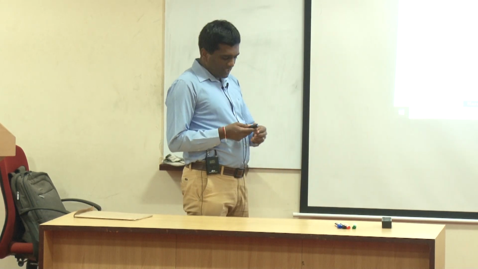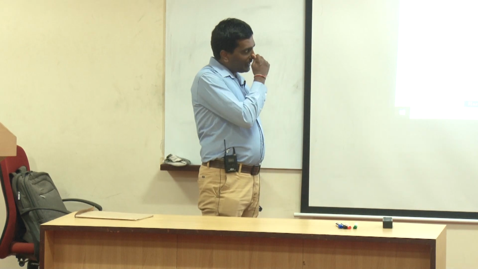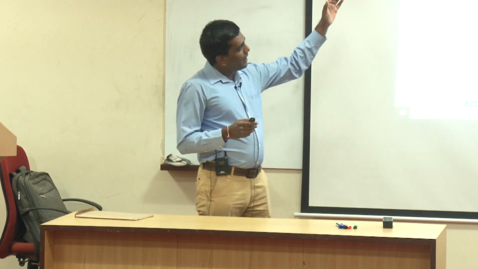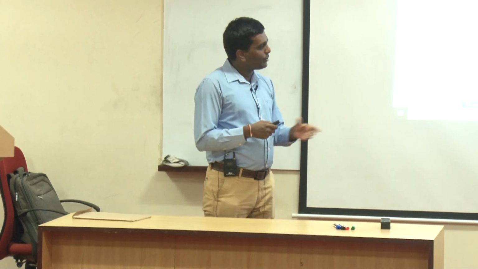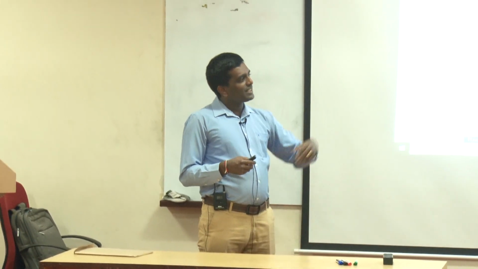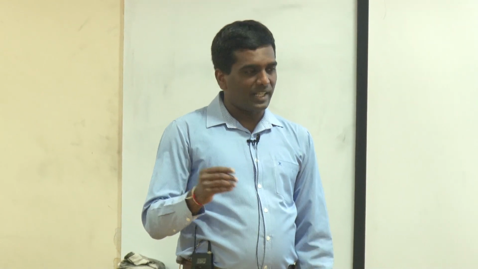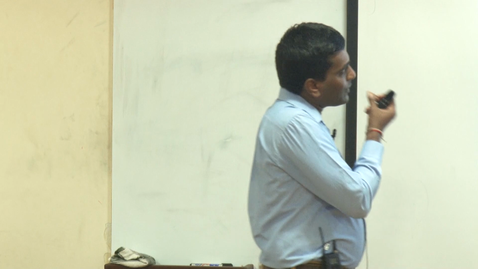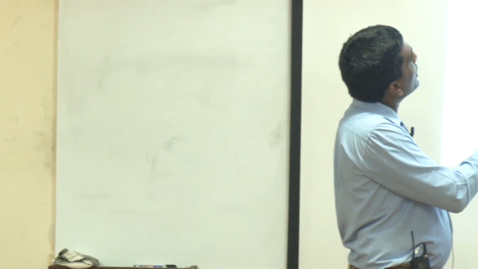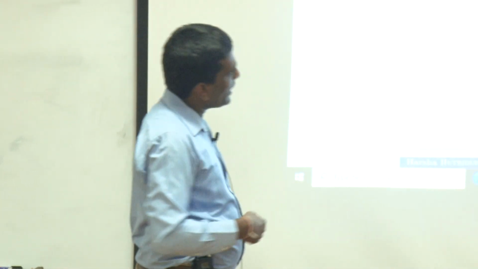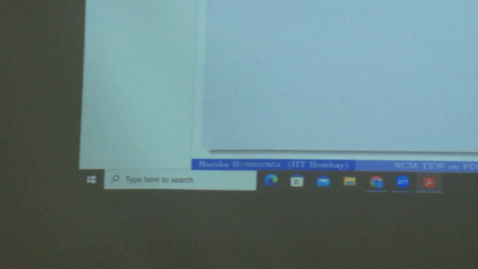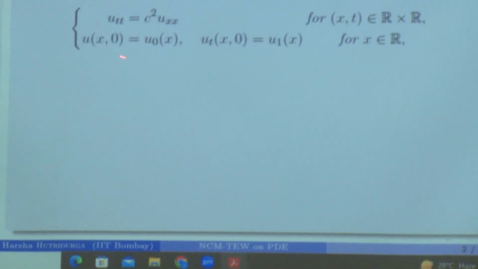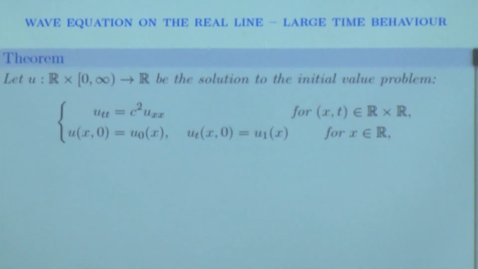Okay, so this is the theorem, and in fact the statement of the theorem says something very profound, and you can actually arrive at that result by simply using D'Alembert's formula that we derived yesterday. Okay? So it goes as follows. Suppose you take your wave equation, and you feed it initial data u0 and u1.